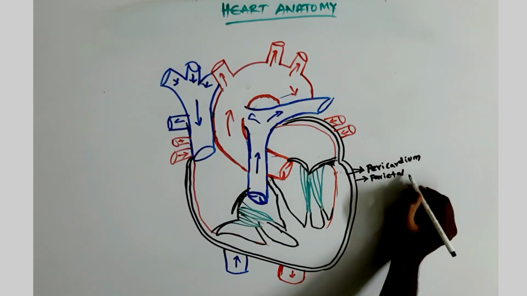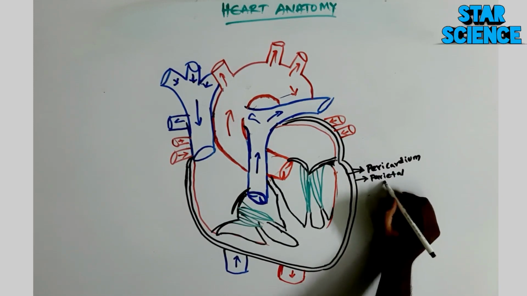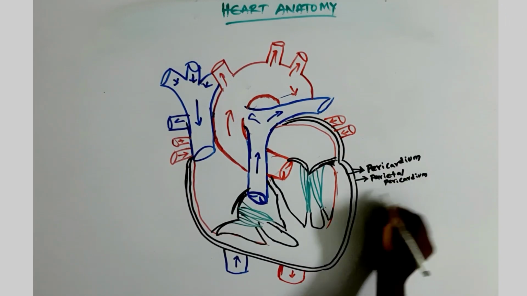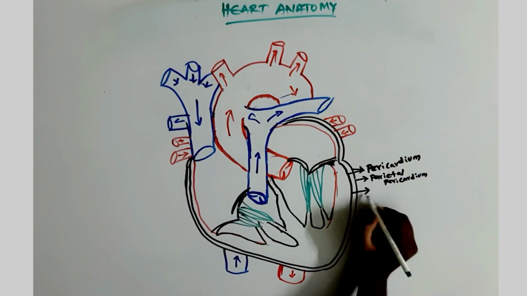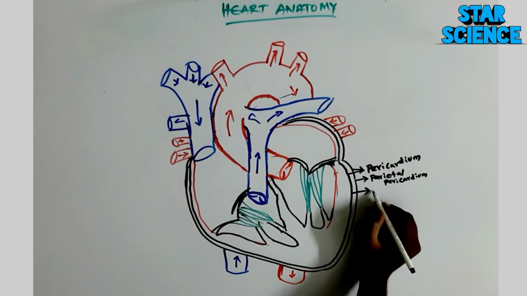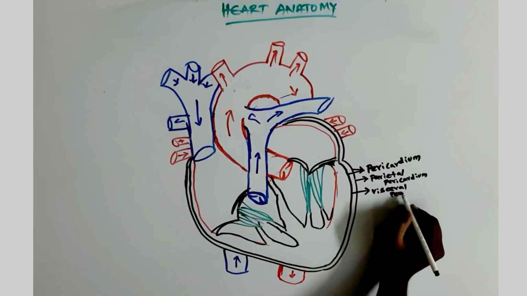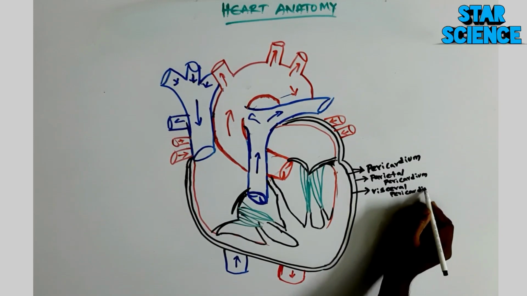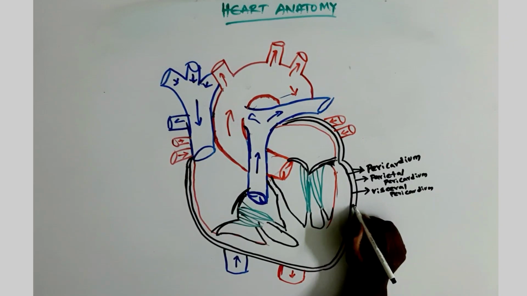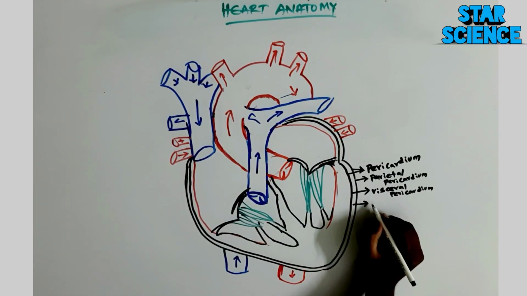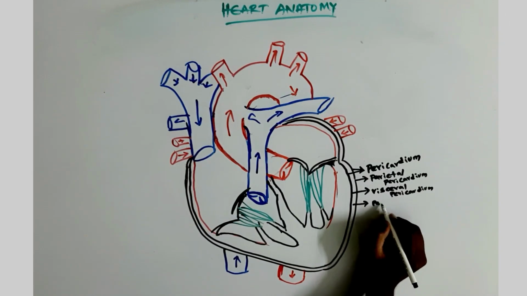The next layer in the pericardium, the inner layer, is called the visceral pericardium. It's very easy to remember: the parietal pericardium is outside of the heart, and the visceral pericardium is attached to the middle myocardium.